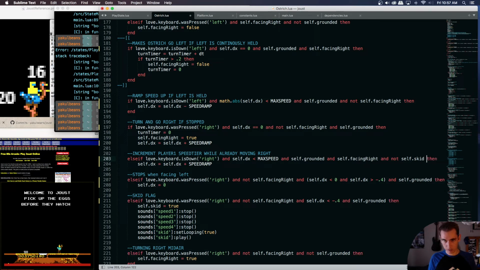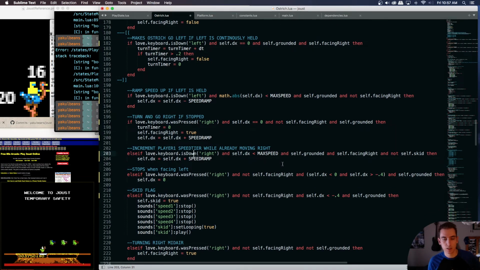And not self-skid. This is crazy though. It's like, should I really, because I'm just saying how many conditions here. Right is held, and your DX is not max speed, and you're grounded, and you're facing right, and you're not skidding. You know? Let me see if just that stops that infinite skid.